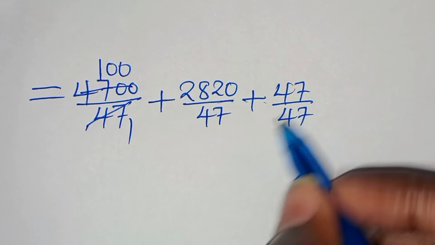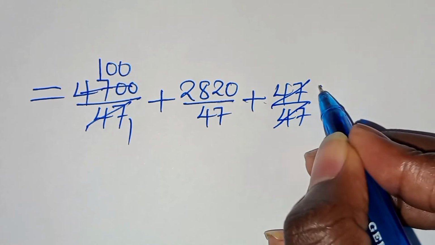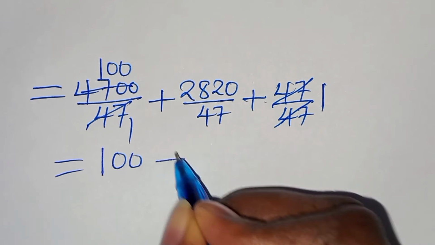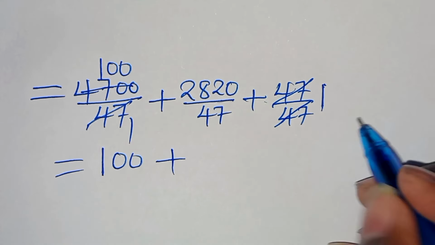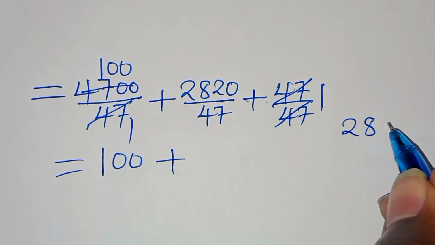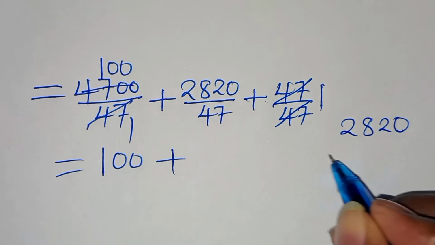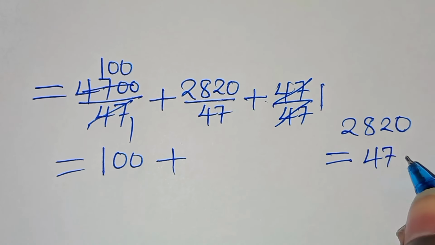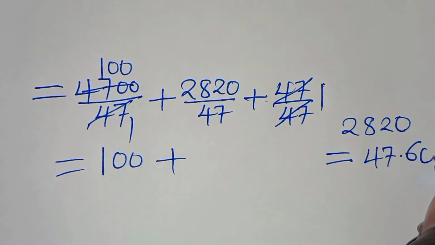Then here we have 47 and 47, which simplify, so we have 1. So this is the same thing as 100 plus 2820, and 2820 is the same thing as 47 multiplied by 60.